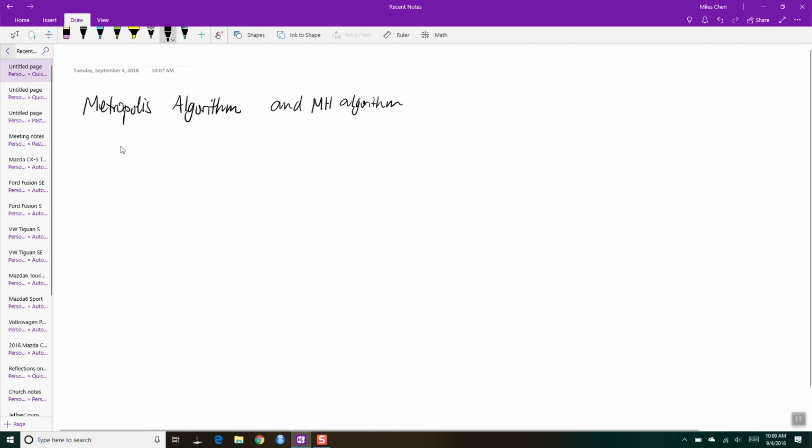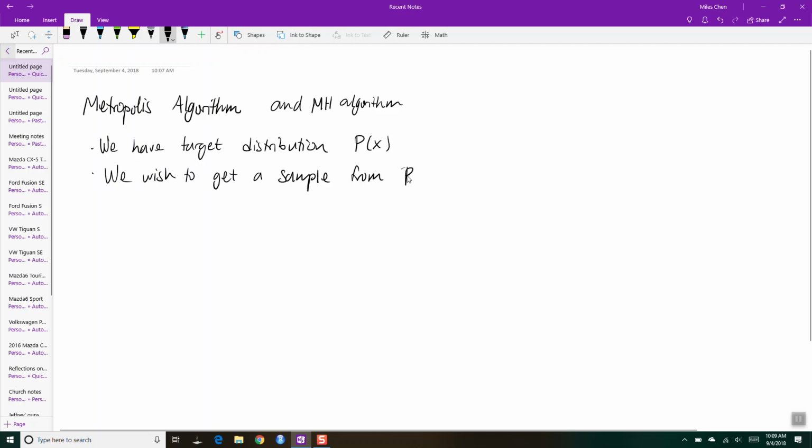And the idea is, we have a target PDF or target distribution, P of x, and we wish to get a sample from P of x, but we cannot sample from it directly, right?